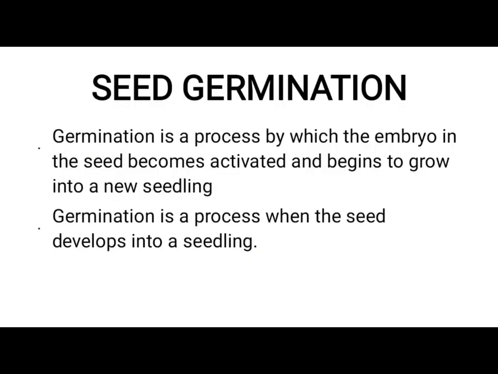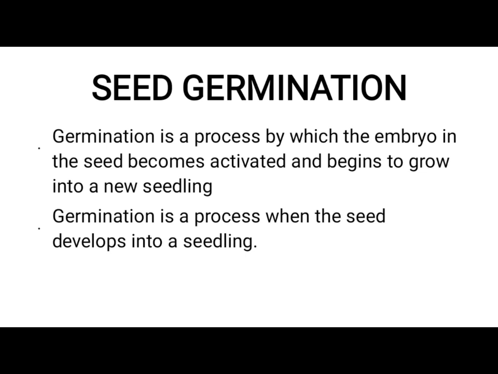Okay, now let's move on to how seeds germinate. When we talk about seed germination, we're referring to the process by which the embryo in the seed becomes activated and begins to grow into a new seedling. And of course, after the zygote is formed, mitosis will take place for the zygote to become an embryo.